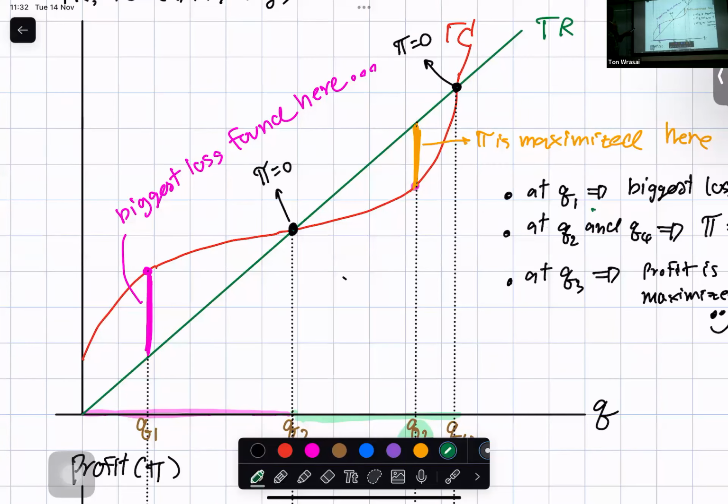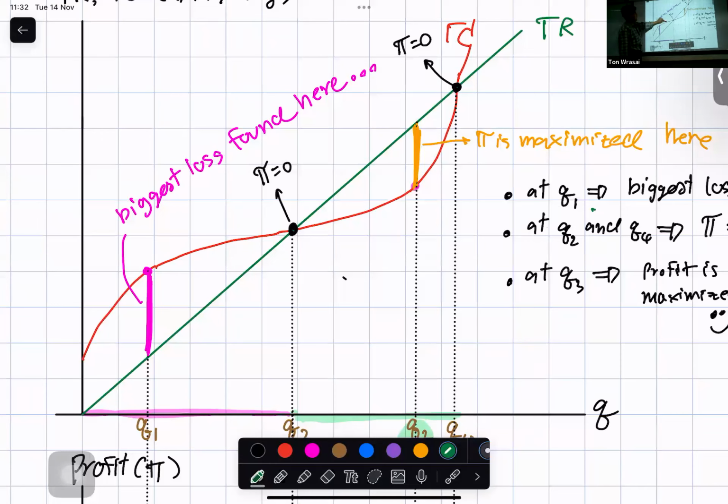All right. MC falls first, and then bottoms out, and then goes up, increasing. So MC must be a U shape or valley shape.